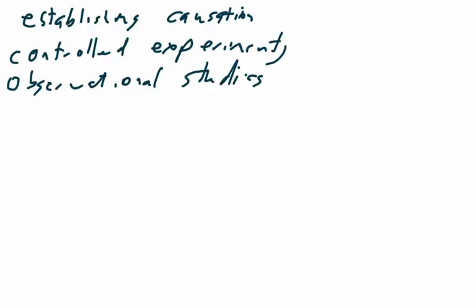So in class we talked about how can we prove that smoking produces cancer? And the reason why this one comes up a lot is because we all know at this point that smoking causes cancer.